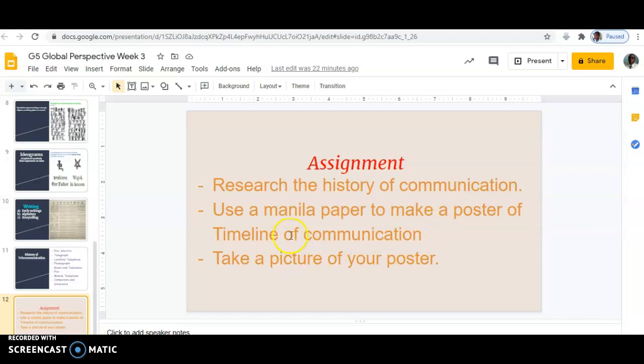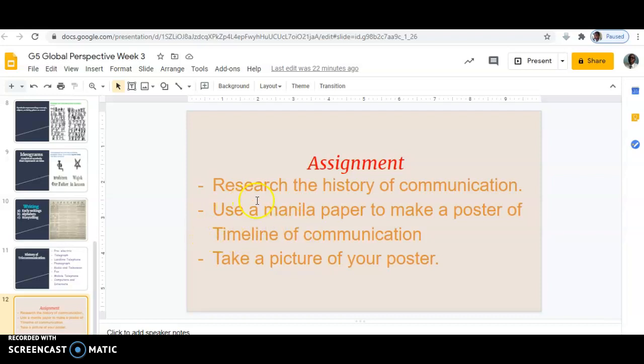A timeline simply means you find a way of showing when each one started, from that time until now, the present age. You get diagrams and some pictures of communication, showing when communication began, and you write the names.